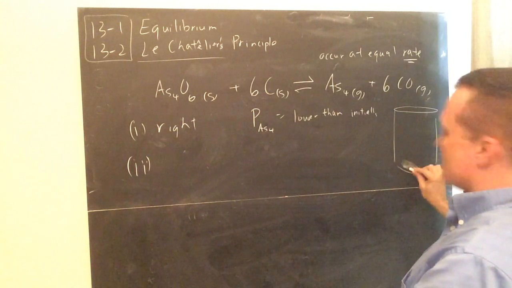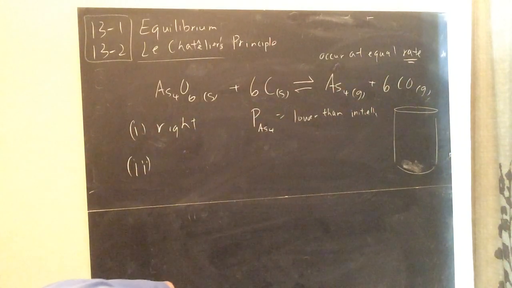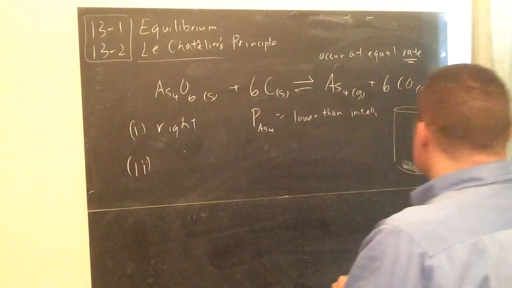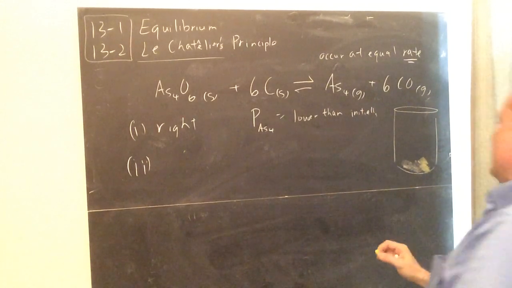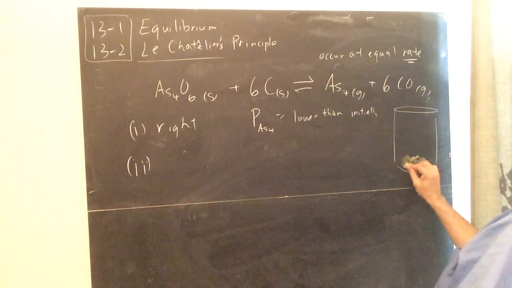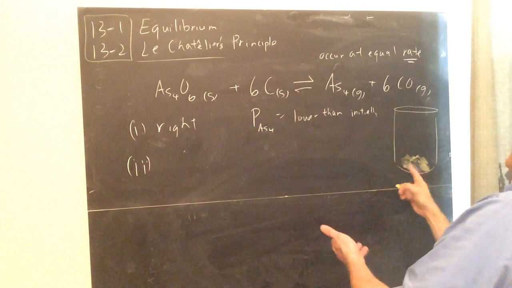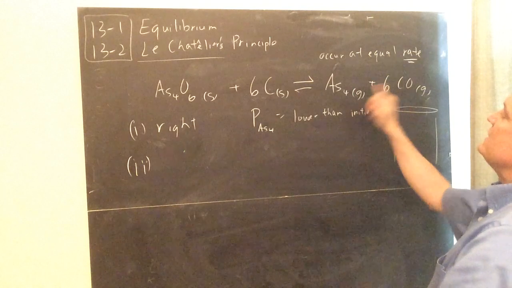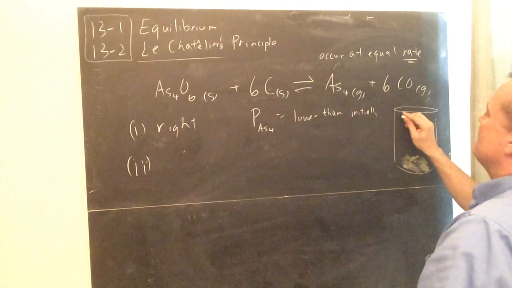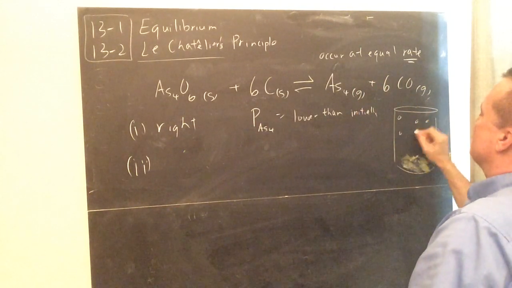So you have your solids down here. A solid there, and we'll say that maybe the yellow could be the arsenic. If I add more arsenic, you might think, well, that reaction should go faster. The problem is you've already saturated it completely. The part that's in equilibrium, well, these gases that are up here cannot change.